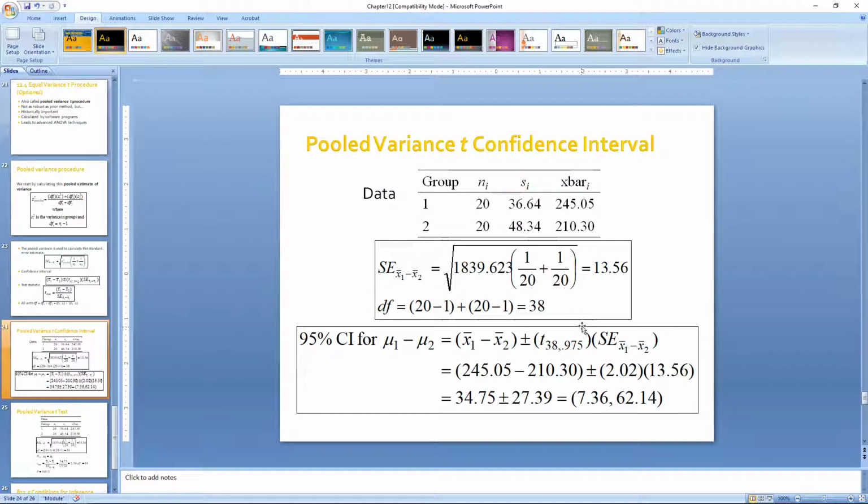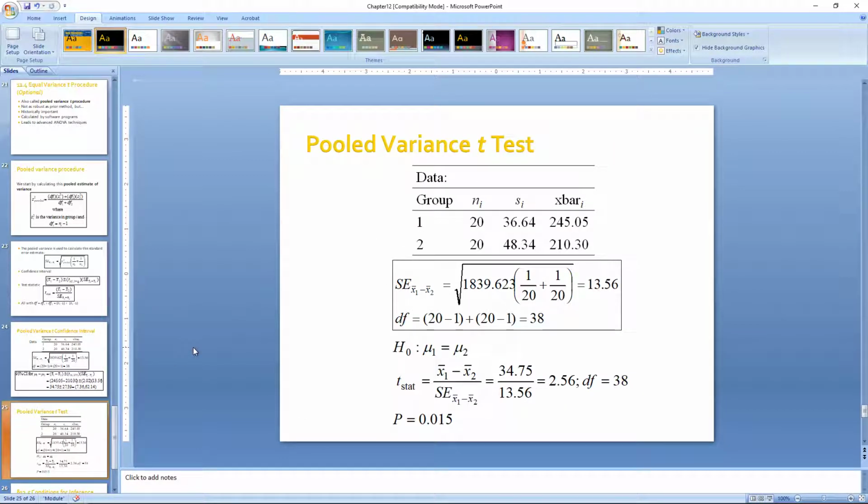The only thing that is truly different is when we're looking up a pooled t-value for the confidence interval. Remember, we're looking at 38 degrees of freedom. Before we were looking at smaller degrees of freedom, so now we're looking at different degrees of freedom. As the degrees of freedom increase, we're getting closer to that 1.96, and that makes sense to have 2.02.